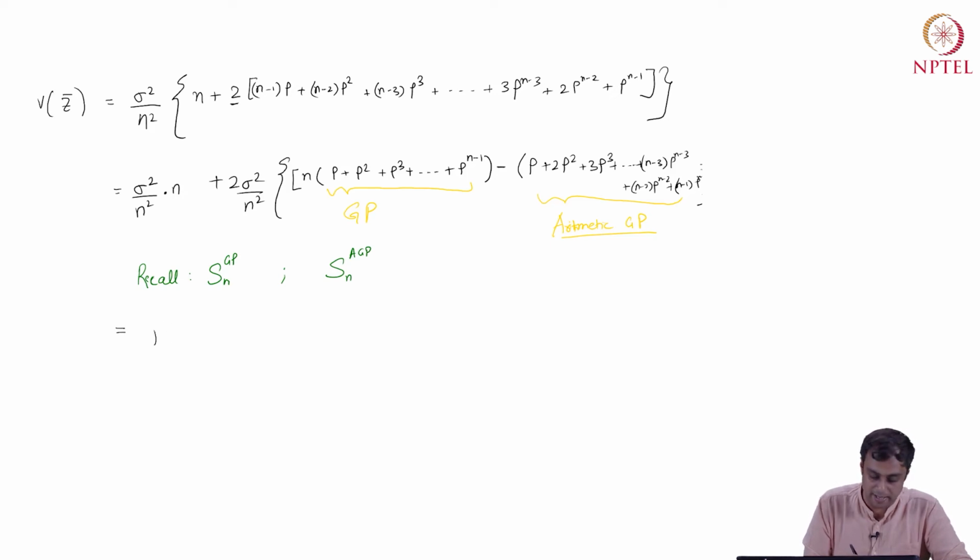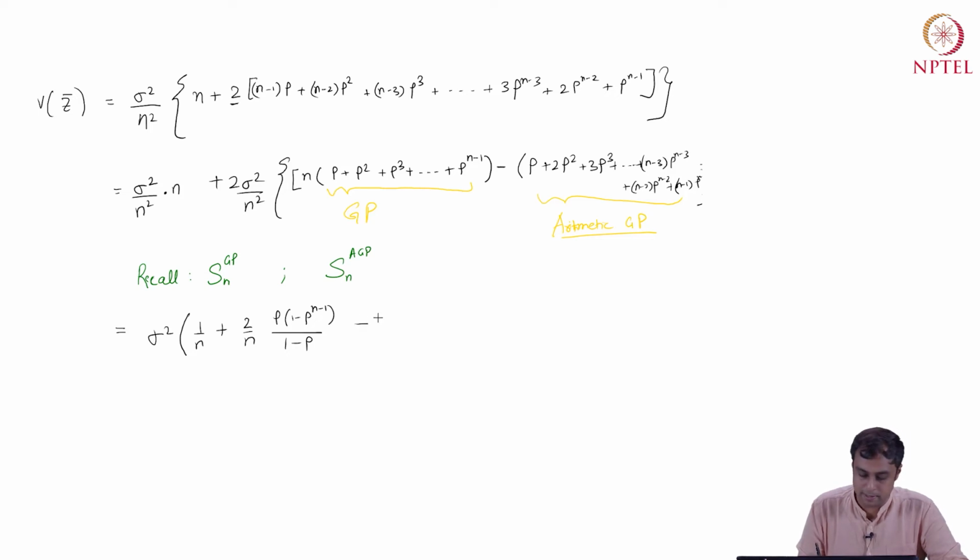You can simplify it as sigma squared times 1 over n plus 2 over n rho times 1 minus rho to the power n minus 1 divided by 1 minus rho, minus twice 2 over n squared times rho plus rho squared, 1 minus rho, and minus 1 over 1 minus rho, minus n rho to the power n.